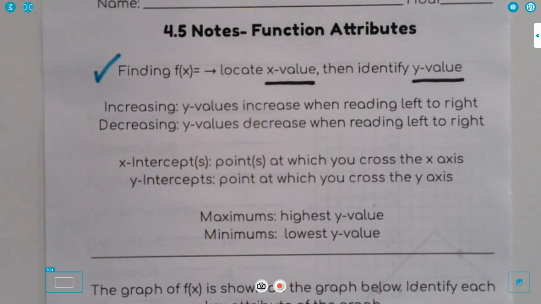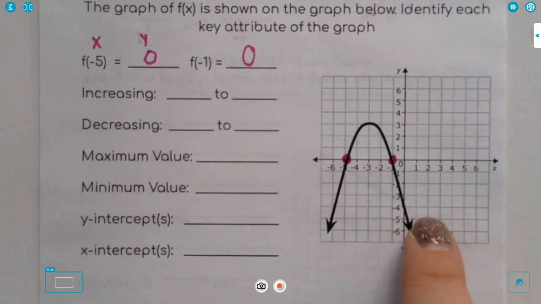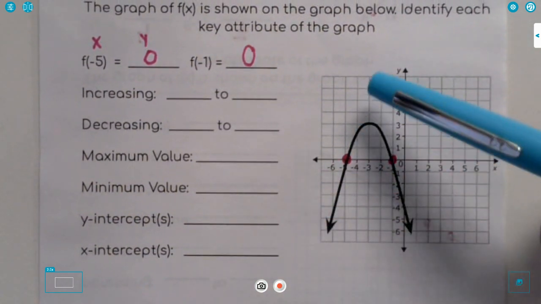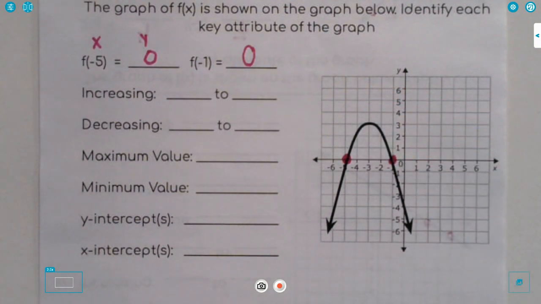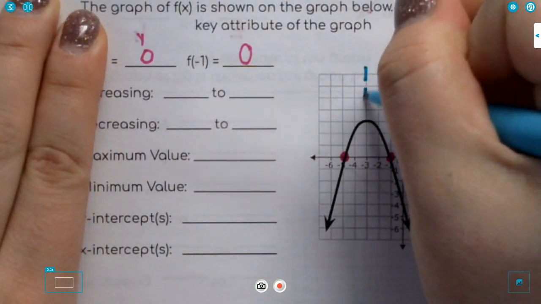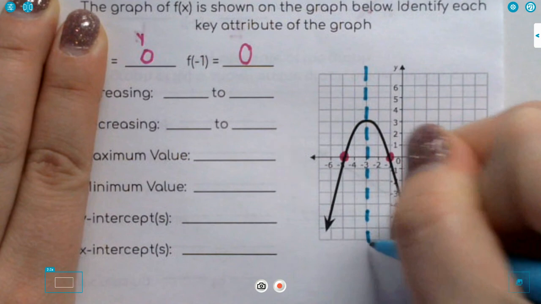So on this first one, as we read from left to right, this graph is going up and then it goes back down. So what I would like for you guys to do is draw a dotted vertical line at what I like to call the switching point.